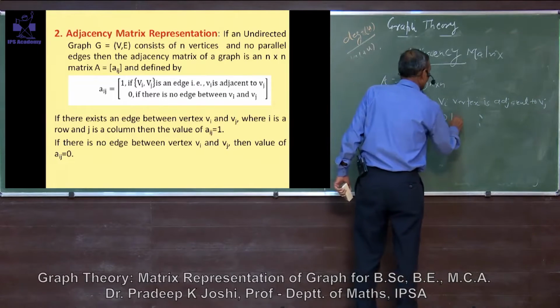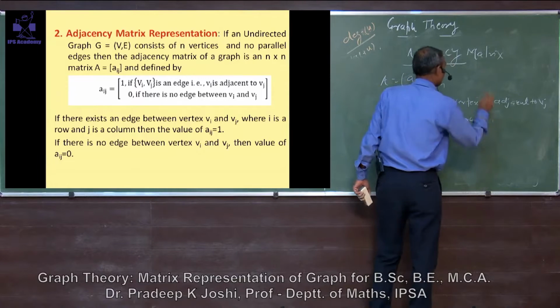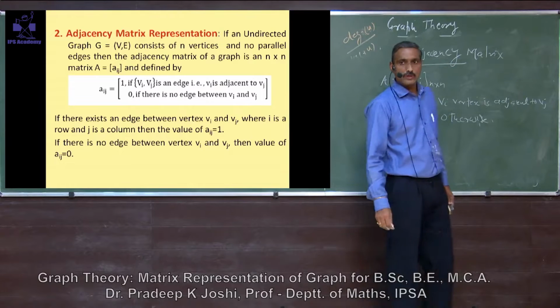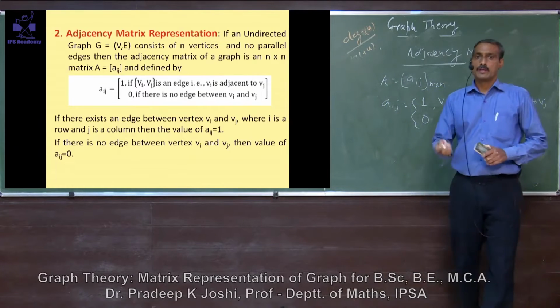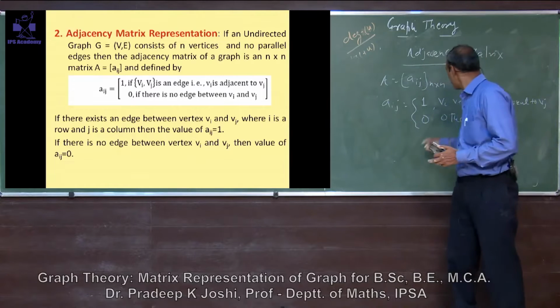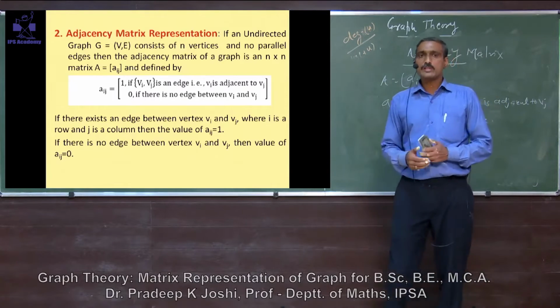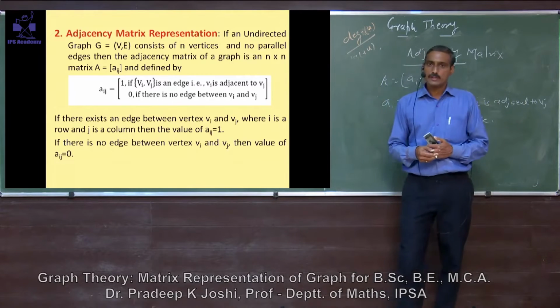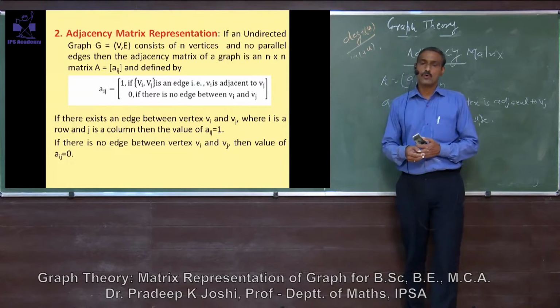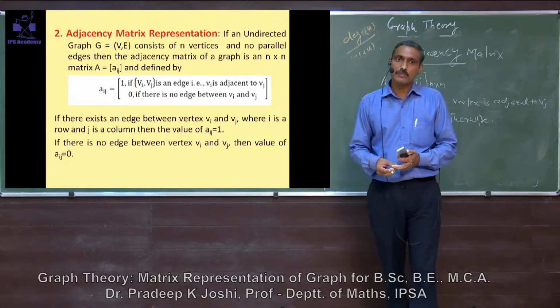Otherwise, if they are not adjacent to each other, then put 0. If there exists an edge between vertex Vi and Vj, where i is the row and j is the column, then the value of Aij will be 1, and otherwise it will be 0.